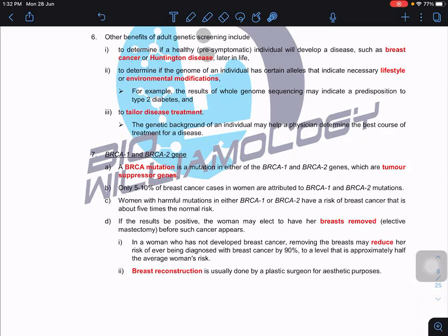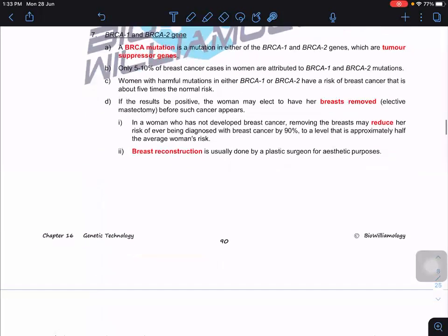Okay. So BRCA1 and BRCA2 genes. The BRCA mutation is a mutation on either the BRCA1 or BRCA2 gene, which are tumor suppressor genes. So under normal conditions, they should help us suppress tumor development. Only 5 to 10% of breast cancer cases in humans are due to mutation of BRCA1 and BRCA2.